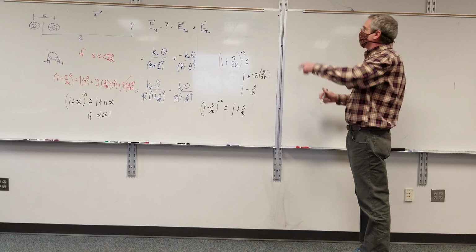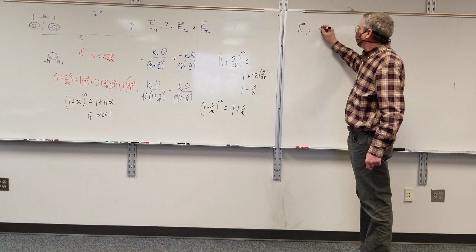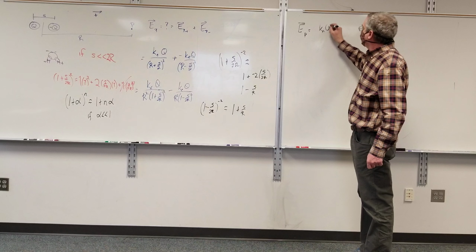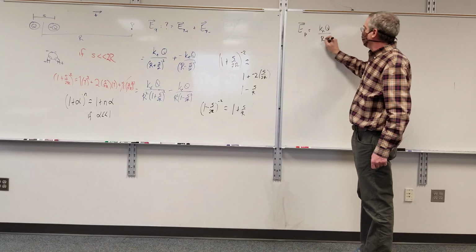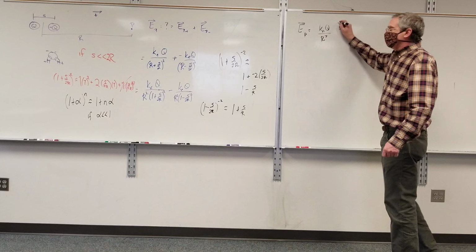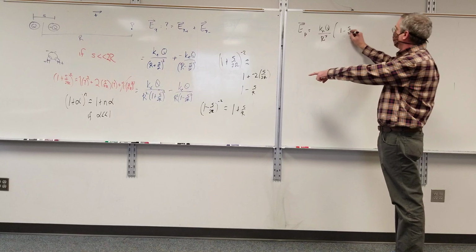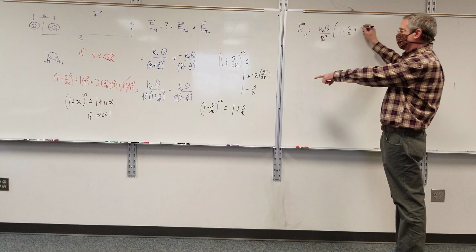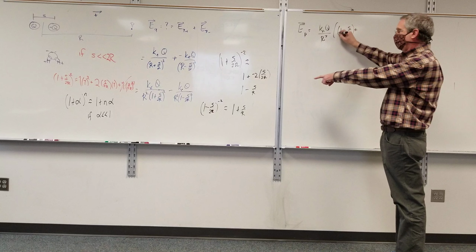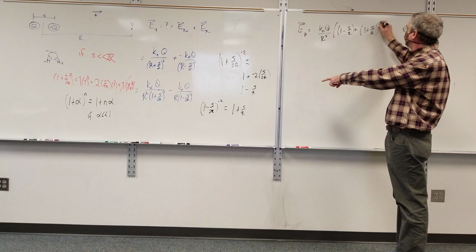So my electric field at point P is KEQ over r squared. I'm just going to factor that out because both terms have it, times 1 minus s over r plus 1 plus s over r.